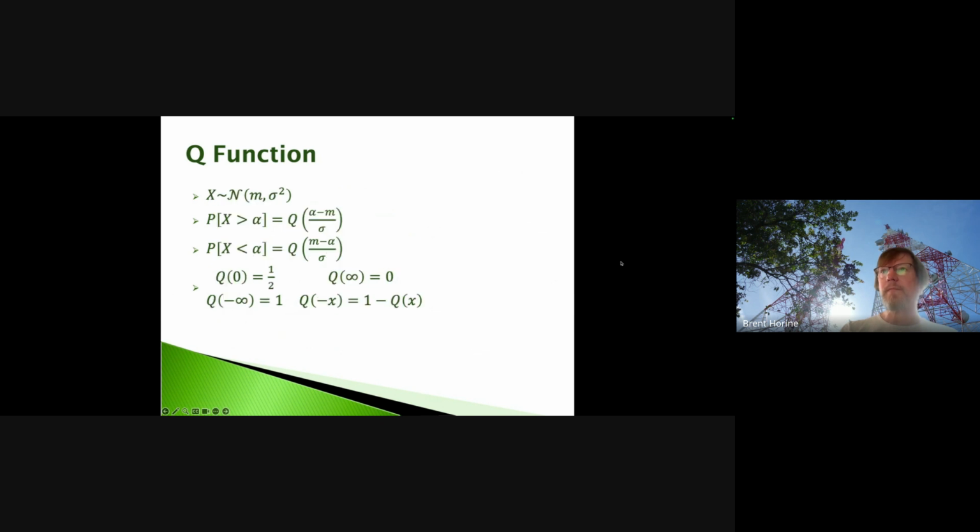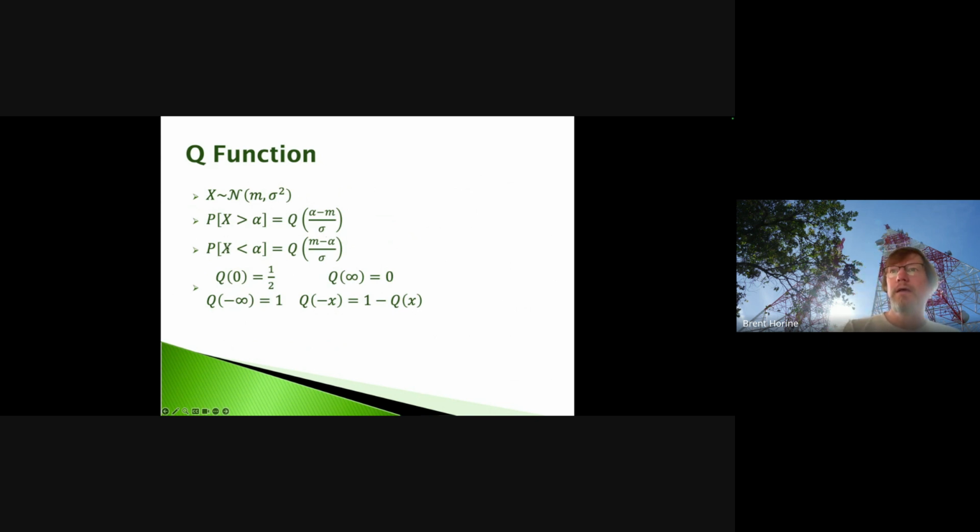So here are some relationships. If the random variable x has a normal or Gaussian distribution with mean m and variance sigma_x squared, then the probability of x being greater than some value alpha, which is equivalent to the lowercase x we see sometimes, can be written in terms of the Q function as Q of (alpha minus m) divided by sigma.